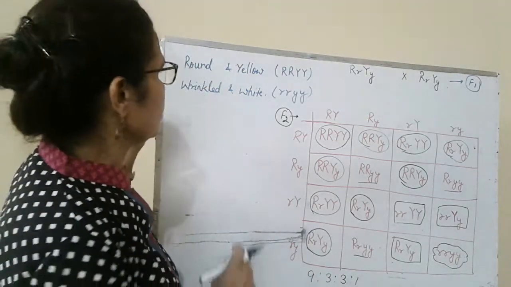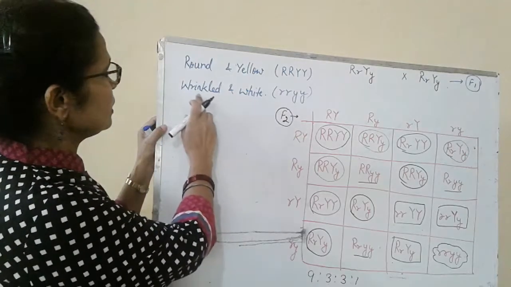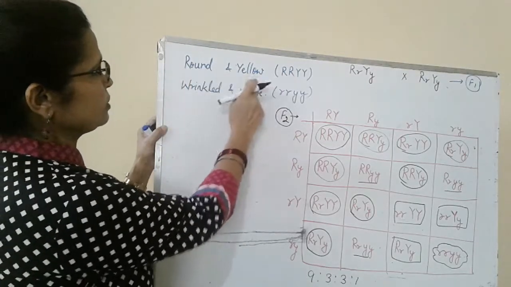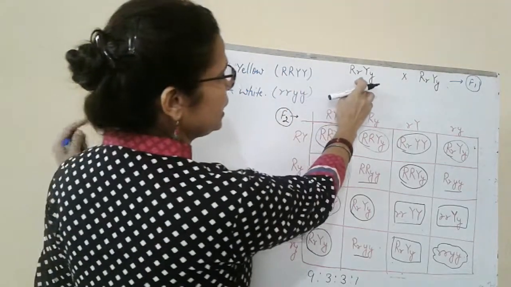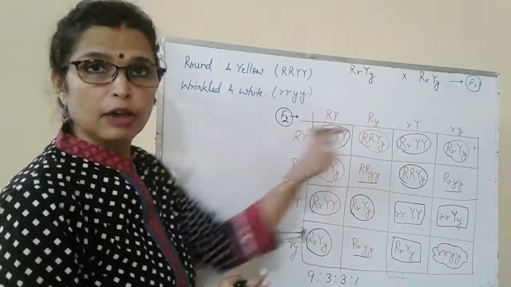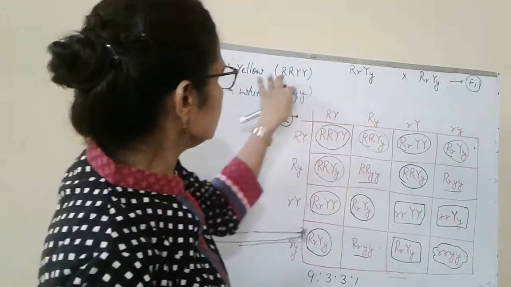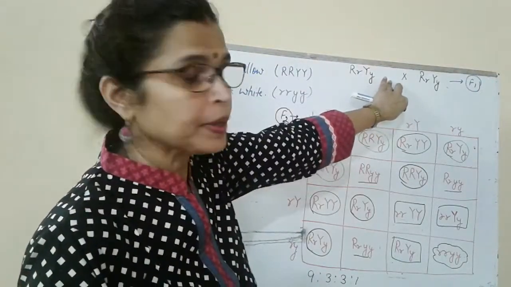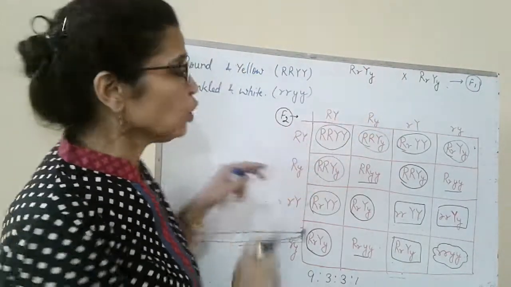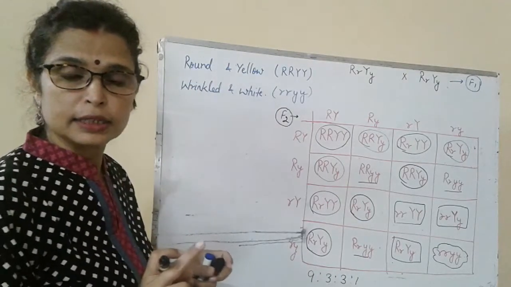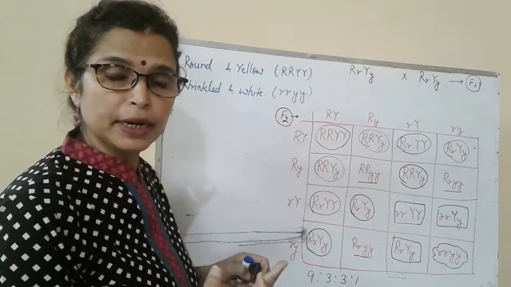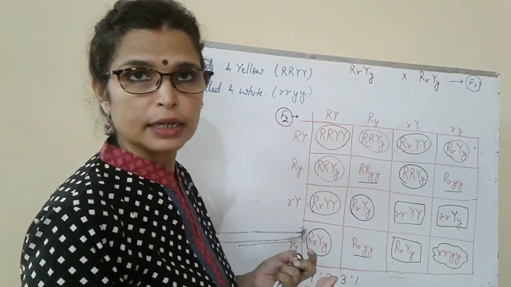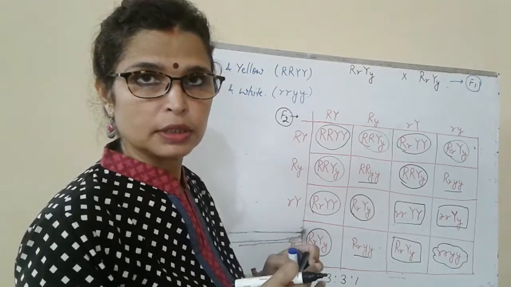According to his law, the 2 pairs of characters combine in hybrid in the F1 generation, and segregation of one pair of characters is independent of the other pair of characters during gamete formation.